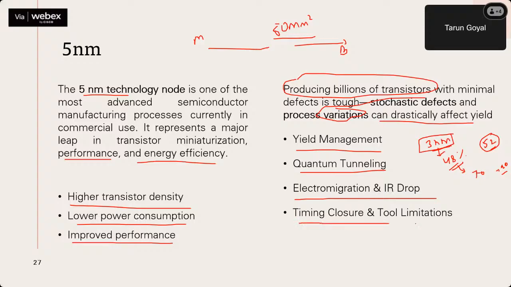Then timing closure and tool limitations also, since designs have become so huge. The EDA tools also start crashing when we load bigger and bigger devices. That's another challenge, and closing timing on all those billions of transistors is becoming difficult for STA also. Each has its own advantages and challenges. Every challenge is a new opportunity to solve.